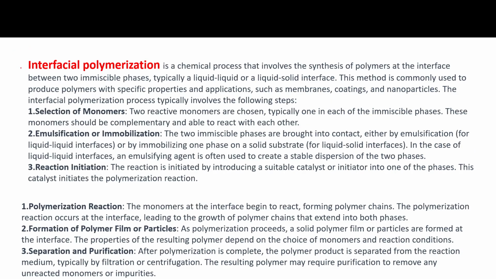Next, we talk about interfacial polymerization. Interfacial polymerization is a technique unlike the solution polymerization technique. In earlier classes I talked about solution, bulk, emulsion, and suspension polymerizations, and we saw that solution polymerization had the disadvantage of solubility problems for high molecular weight polymers.